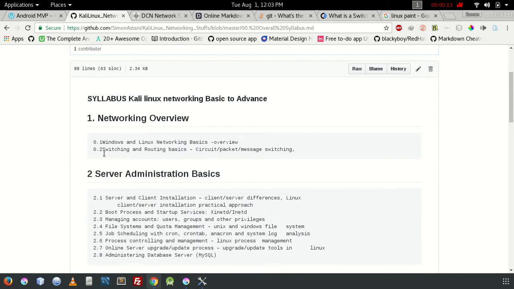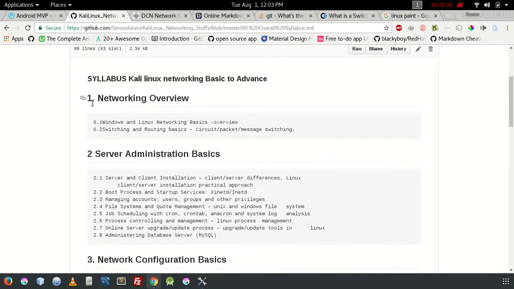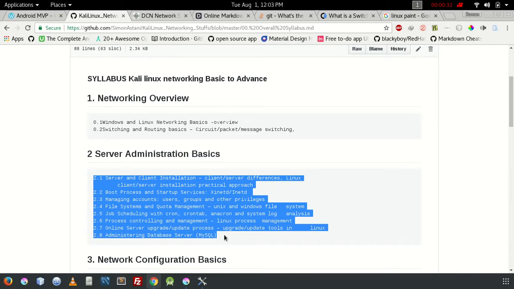As promised, in this second lesson I will be explaining what switching and routing is and different types of switching. Unit 1 and Unit 2, networking overview and server administration basics, are generally a theoretical aspect. It doesn't cover code-based aspects.